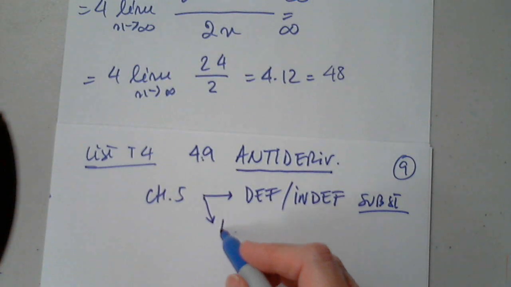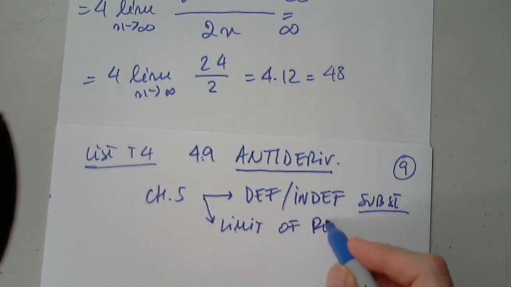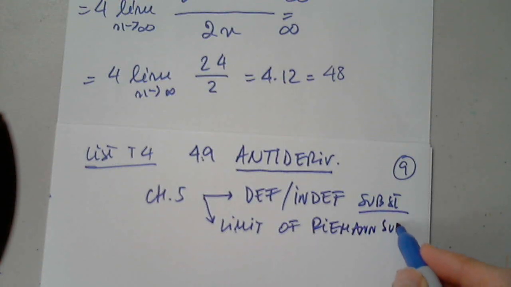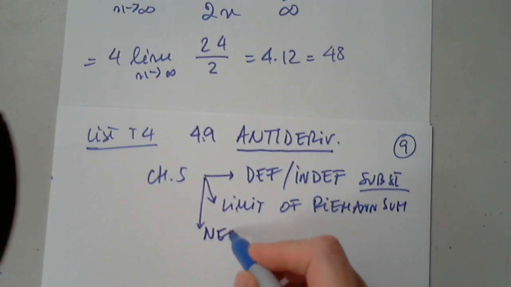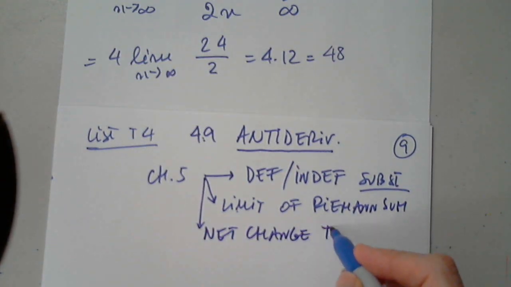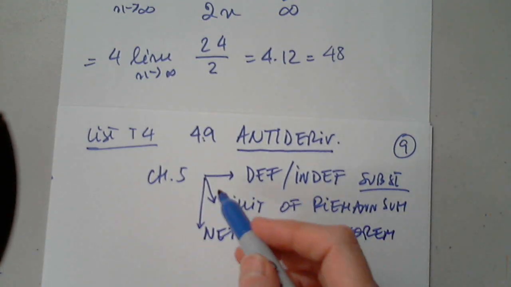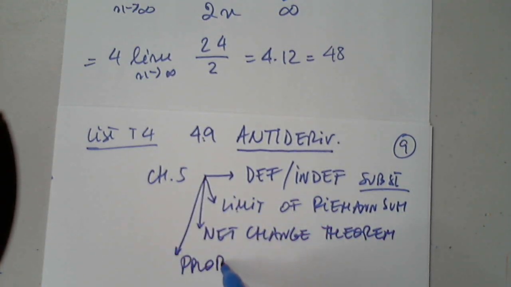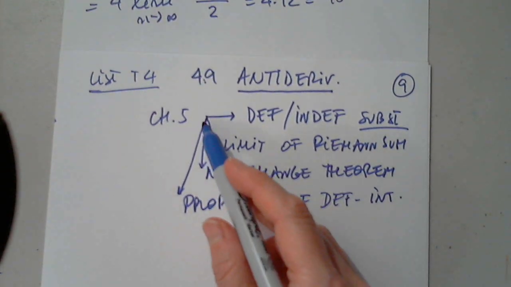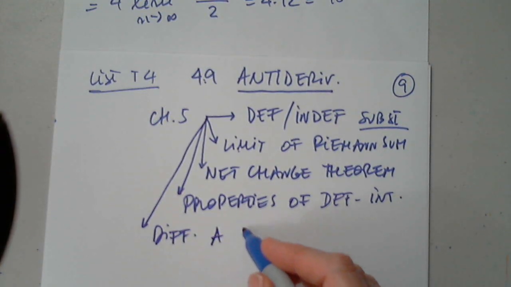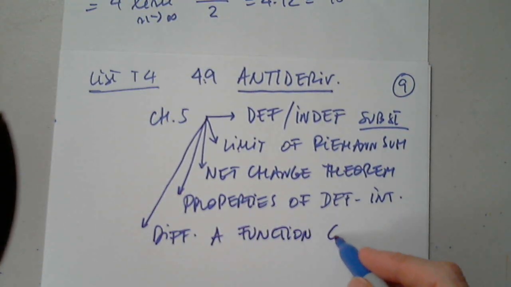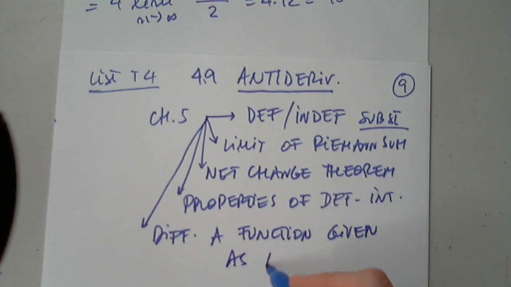What we talked about here, the limit of the Riemann sum. What else? The net change theorem. Properties of definite integrals. Differentiating a function given as an integral.